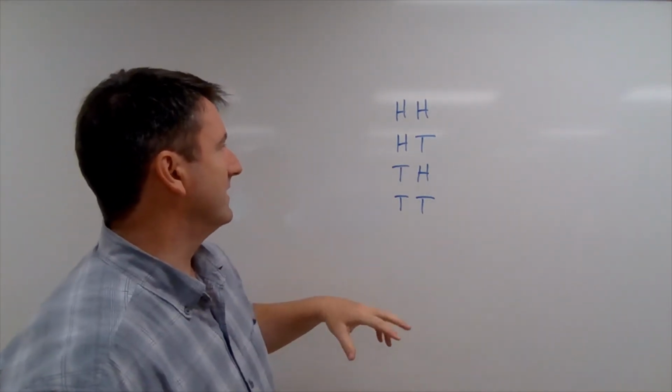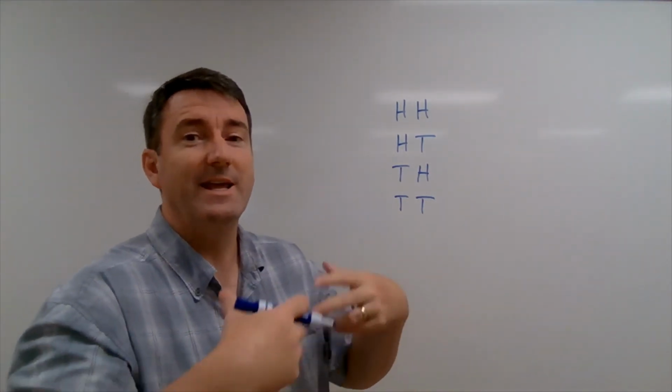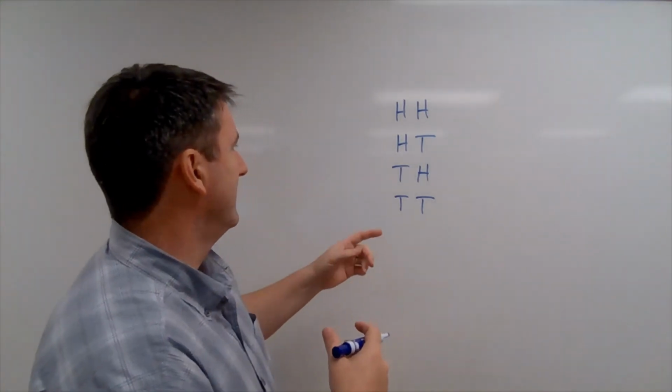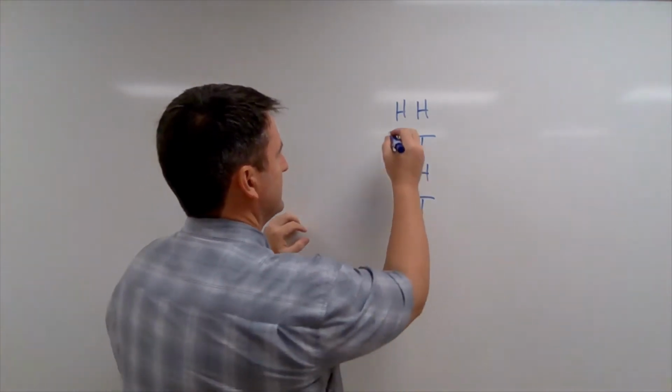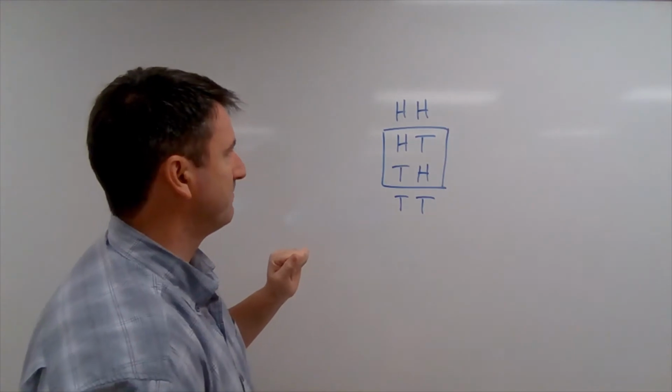And now we're going to count up the possible outcomes that are going to give us the event we're looking for, which in this case is exactly 1 heads. So these 2 outcomes give us that event of exactly 1 heads.